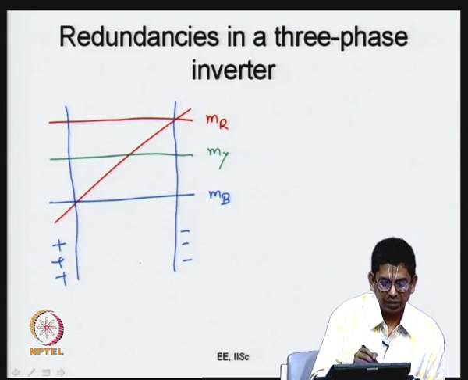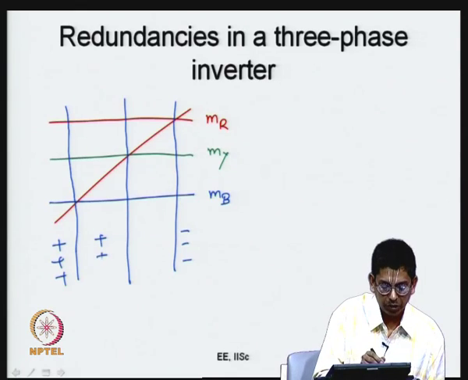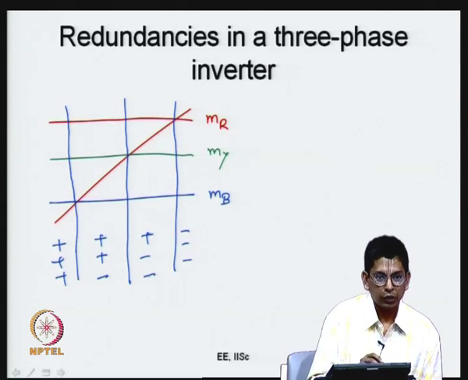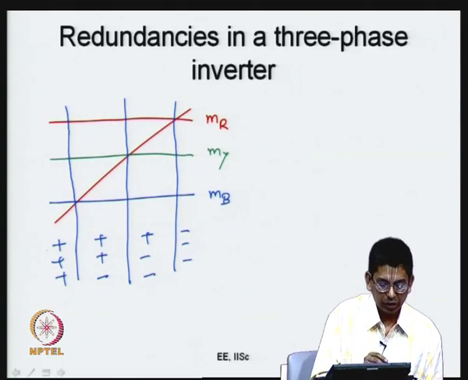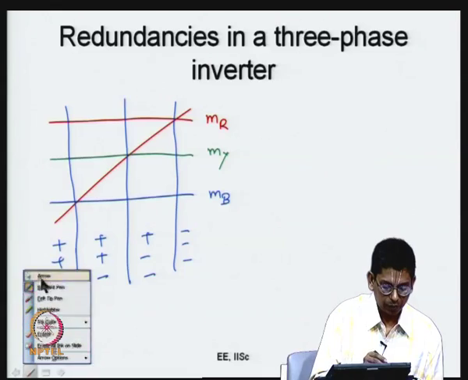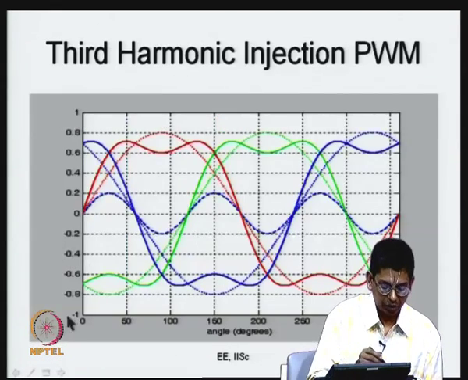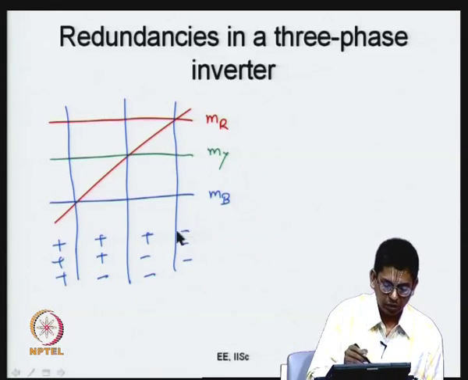So, this is one interval, this is the other interval, there are 2 intervening intervals. During this interval your red phase is now switched, it is now plus plus, and here the yellow phase Y is switched, so it goes to plus minus minus. These are the 2 extreme states.